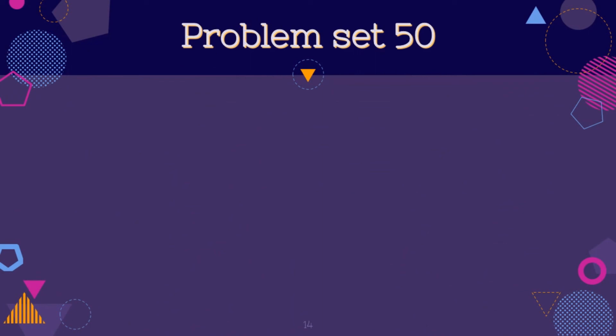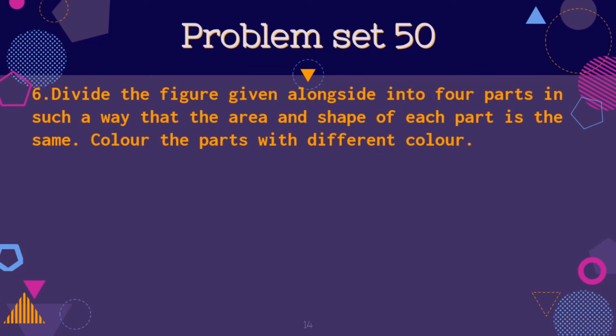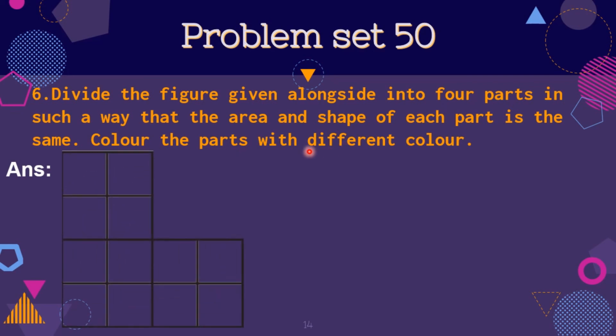Next question is, divide the figure given alongside into 4 parts in such a way that the area and shape of each part is the same. Color the part with different color. So here we have the given figure as shown here in the picture.